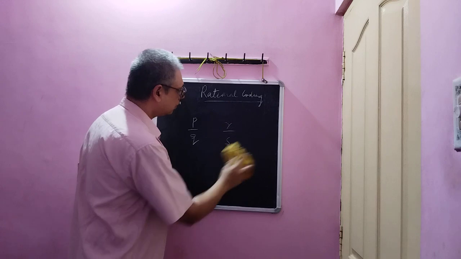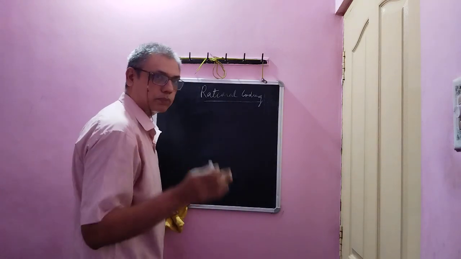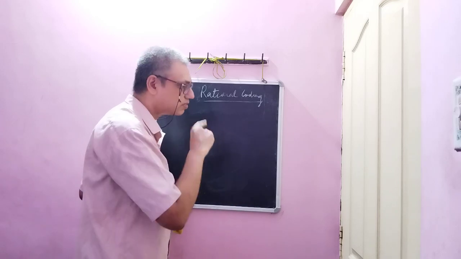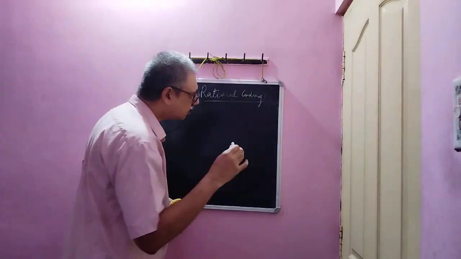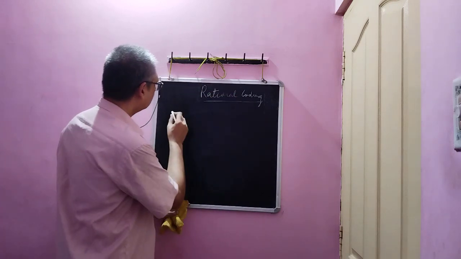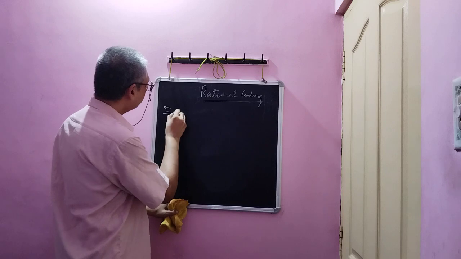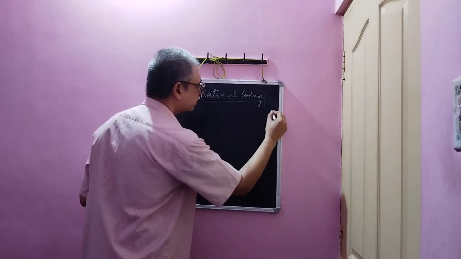Now, what I discovered was that the set of all proper fractions between 0 and 1, always in their lowest terms, is generated as a complete perfect ordered binary tree as follows. We start off with 0 by 1 here and 1 by 1 here.